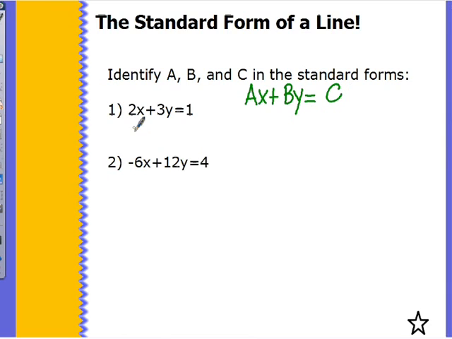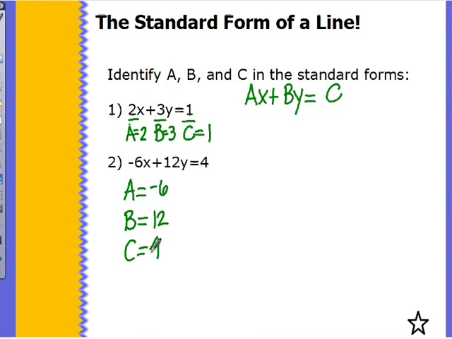So here, 2 is a, 3 is b, and c is 1. Now notice no x's, just a is 2, b is 3, and c is 1. No variables with it. Okay. For number 2, fill them in and then check back. So pause the video. You should have a is negative 6, b is 12, and c is 4.